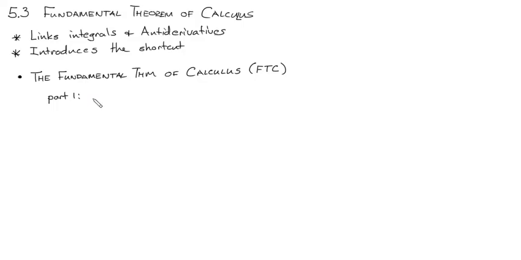Okay, the initial part, all that we're going to require is, let some function f be continuous on the closed interval from a to b. Okay, it's continuous on a to b. We're even going to go a step further.